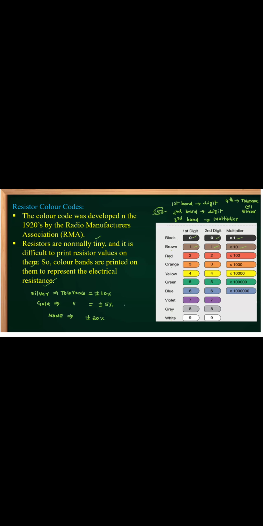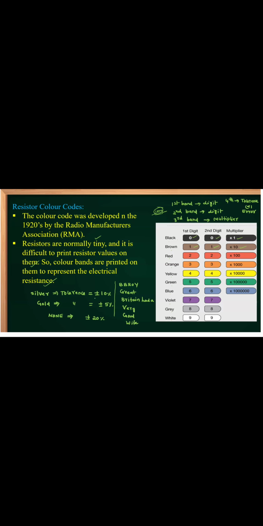How to remember this sequence? I think you know this one. For remembering this sequence, there is one sentence. What is that sentence, friends? B.B. Roy, Great Britain had a very good wife.